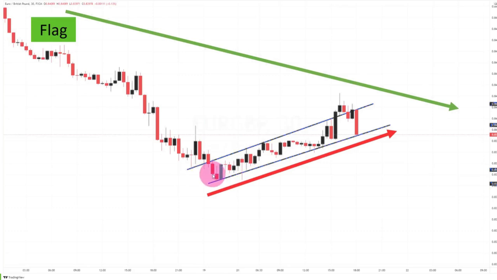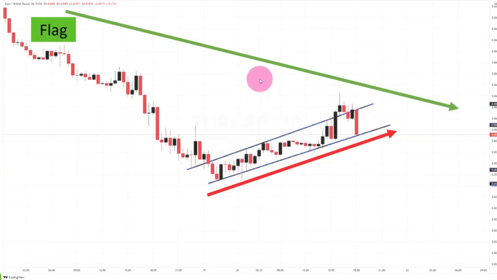And that distinction, the difference between how strong the buying is versus how strong the selling is, also helps us understand, okay, this is actually or could be a potential flag consolidation. And on the breakout, we may go lower and resume the trend. What you don't want to see is a very strong flag pattern.